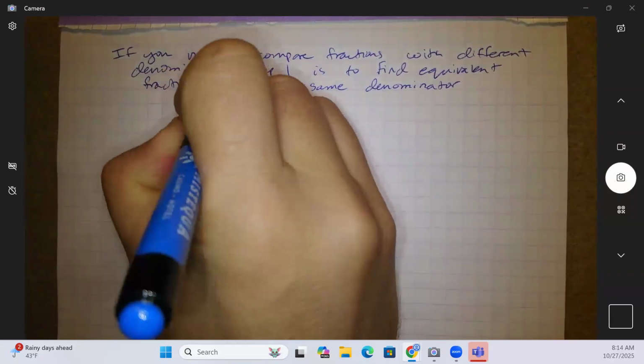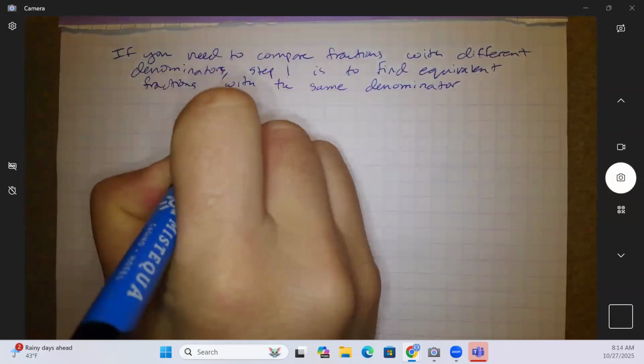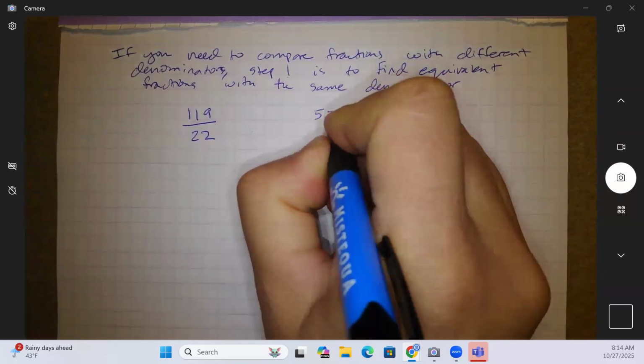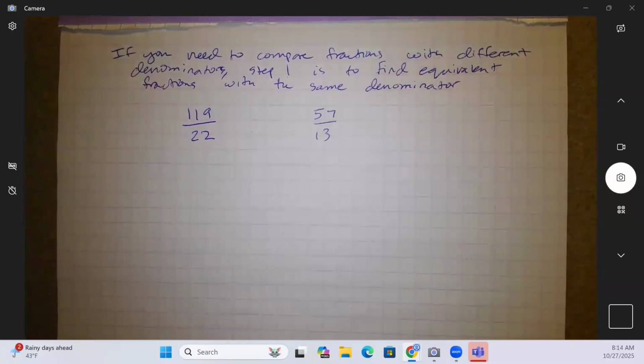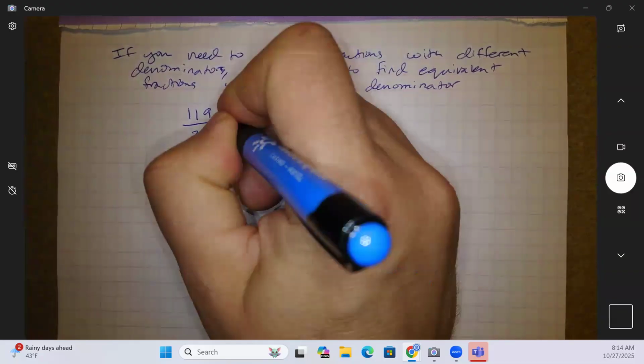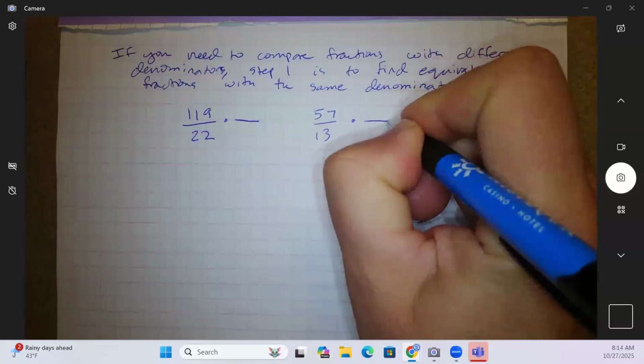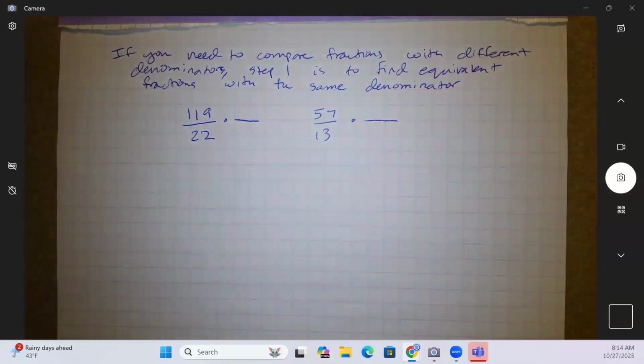So we have 119 over 22, and we have 57 over 13. The easiest way to get equivalent fractions with the same denominator is to multiply by a fraction made of the missing piece.